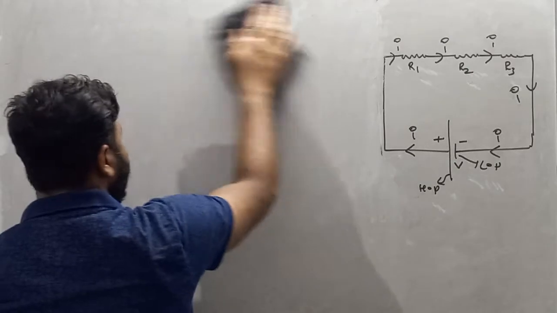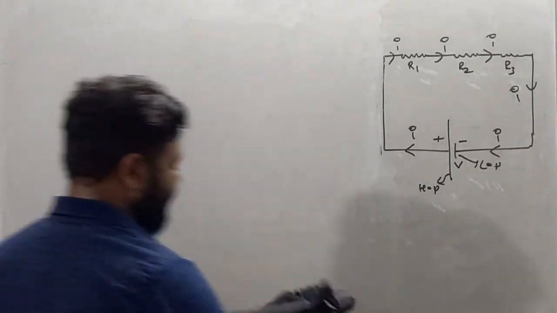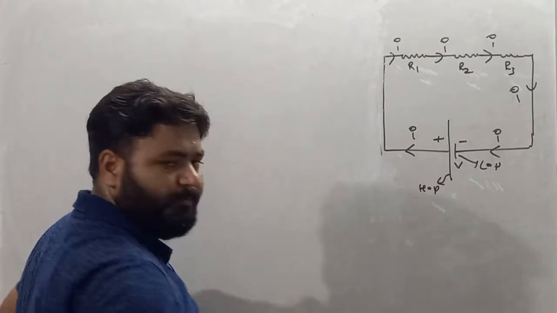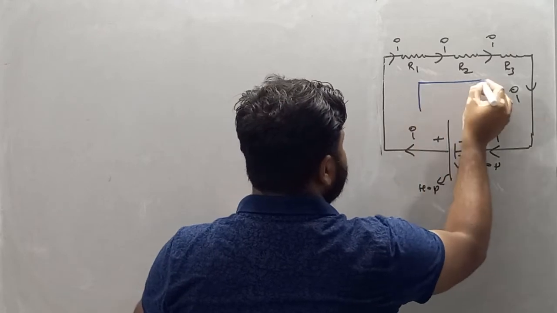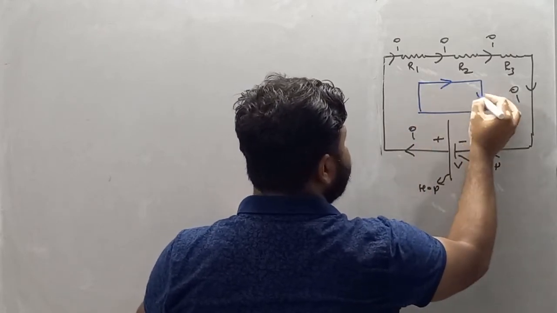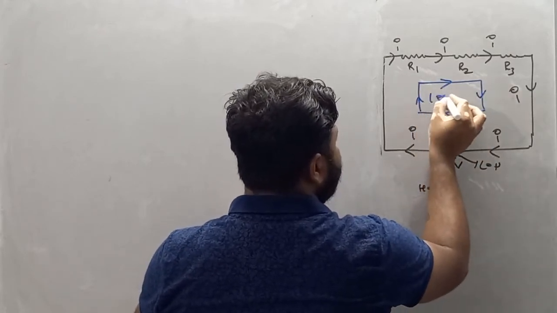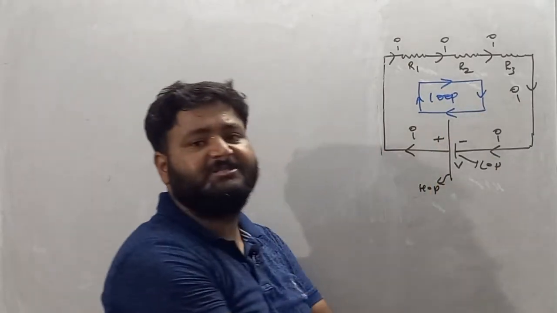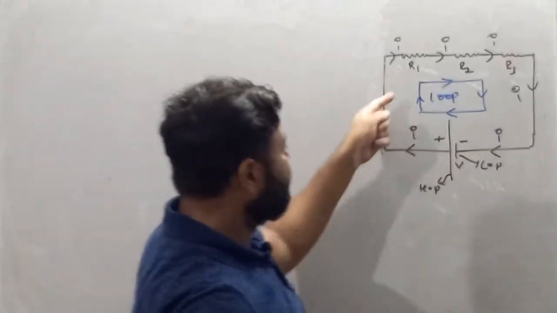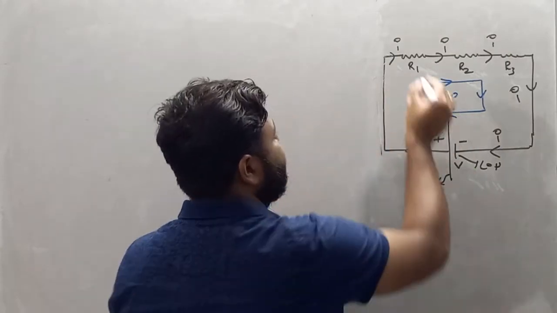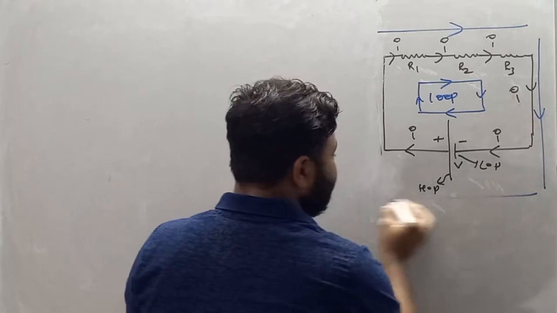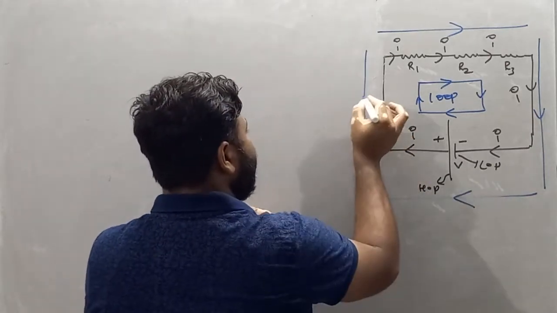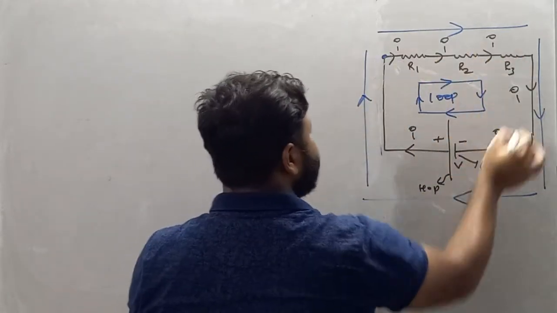First we have to make the loop, meaning the path we follow. Remember one thing: once you decide your path, you cannot change it in between. Let's consider the path like this: I move in this direction, then this, then this, and come back to the same point. So it becomes a closed loop.